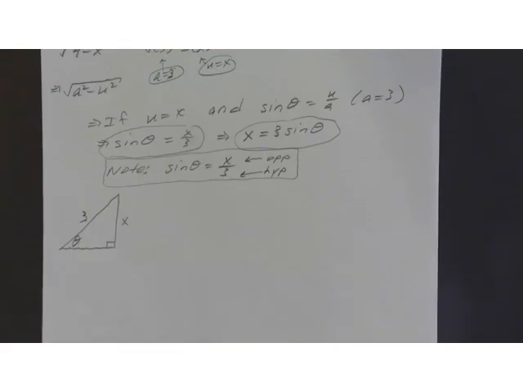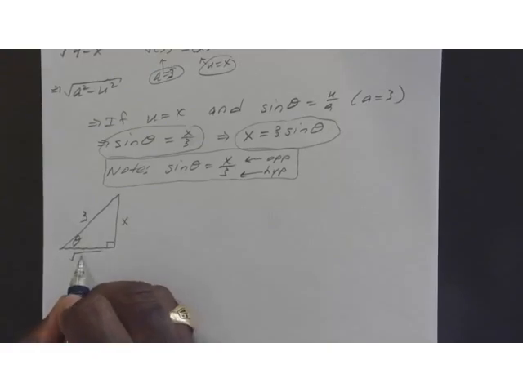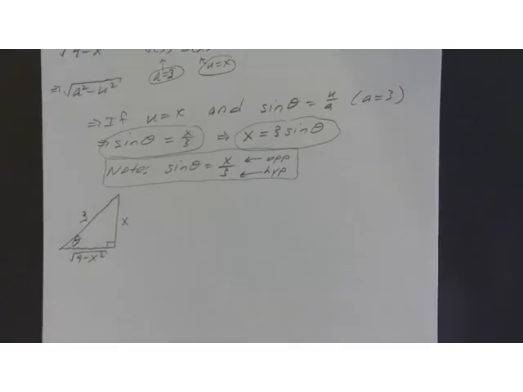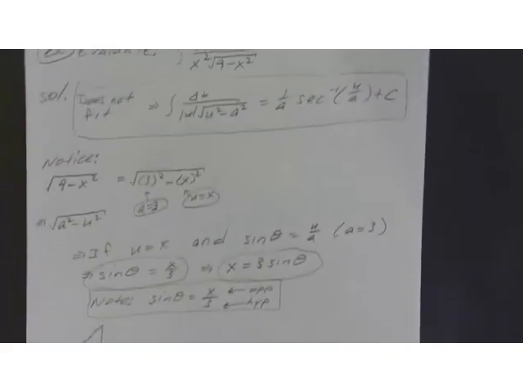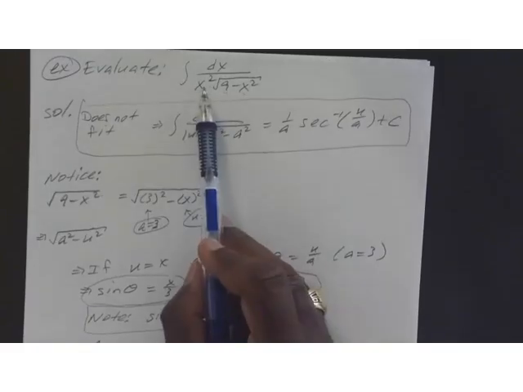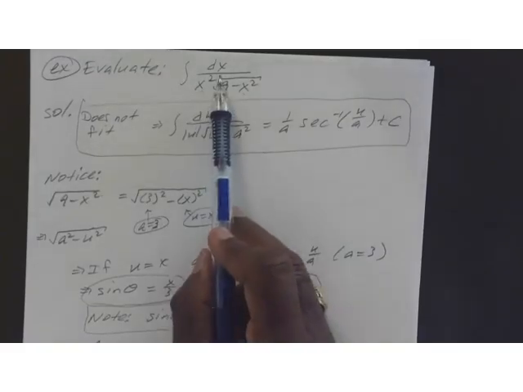And if you use the Pythagorean theorem to solve for the missing side, you'd get the square root of 9 minus x squared. Okay. Now the goal of this, after doing these steps here, is that we want to replace our x squared and our dx.